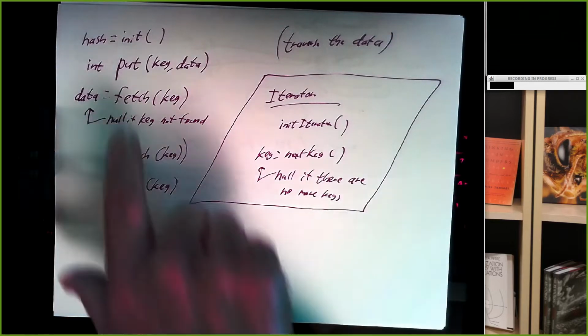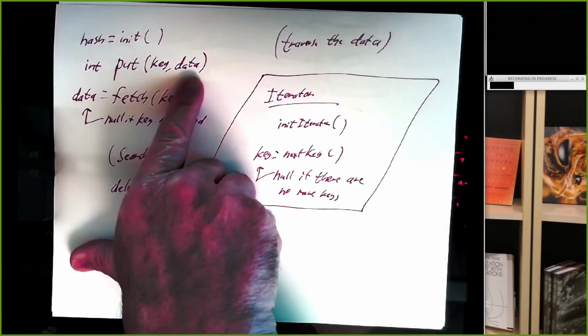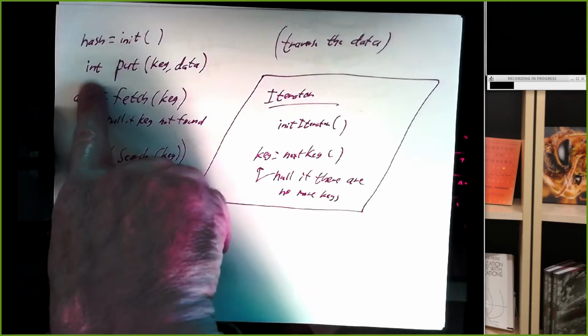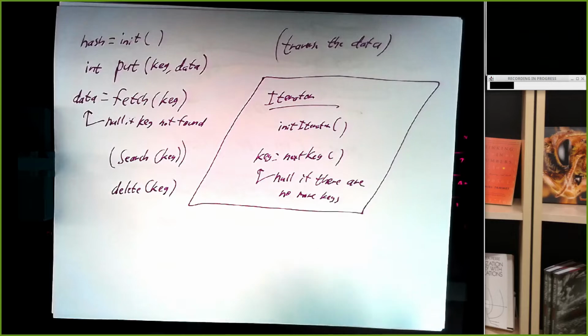The fact that there's a put method that takes a key data pair and returns success has nothing to do with how we're going to actually create a hash in C. Whether we're going to write the code that we're going to do in PA3, or we're going to use the GDBM package that's part of Unix, or we're going to send text messages to someone on an island and they're going to write down on paper each key data pair that you store.